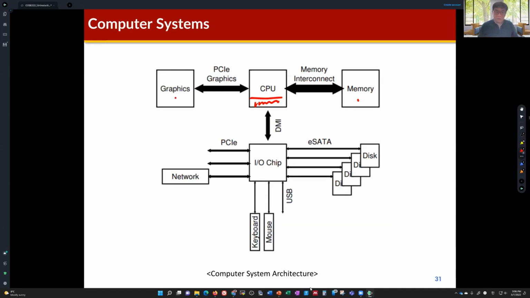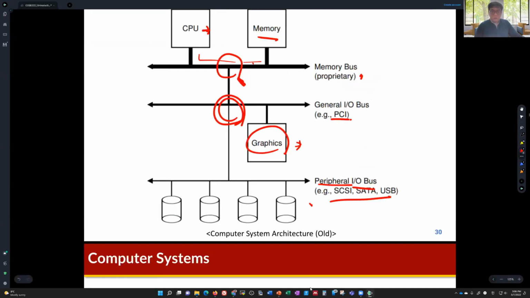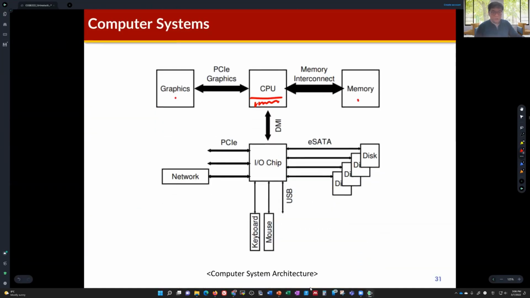Why? We need very high bandwidth from GPUs and main memory. If the chip is located outside of a processor, then bandwidth is decreased.